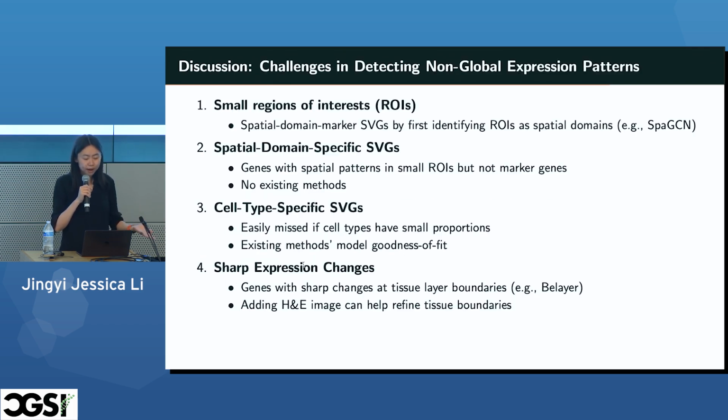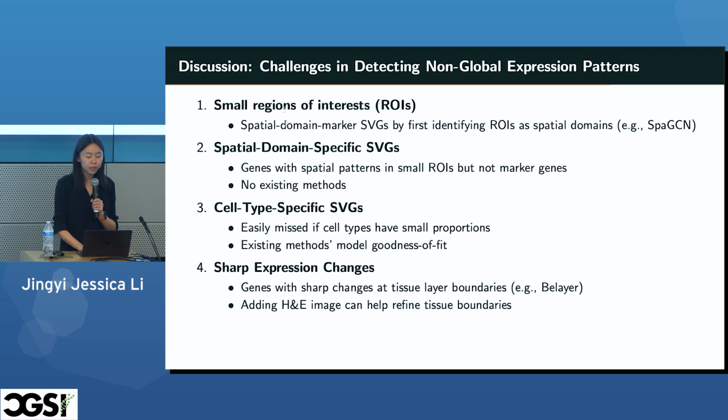And there are some remaining challenges which I see in the field. These are related to whether your regions of interest are very small. Sometimes this could happen. For example, for cancer data, your region of interest may be very small if you want to detect a spatial domain. So first, could you effectively identify it as a domain? Second, if you do identify it, could you easily identify its marker gene?